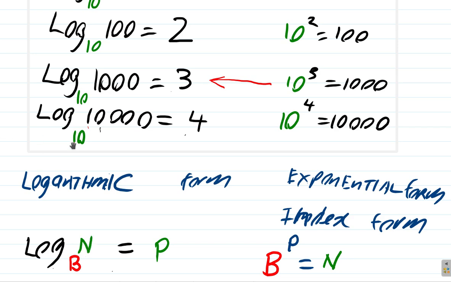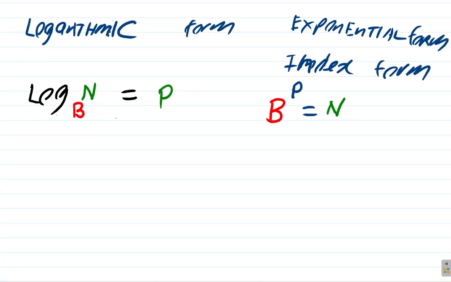Alright? So generally, you find the log of a number and the log has a certain base, you get your answer P. The log of n is the number that the base of the log must be raised to in order to get n.